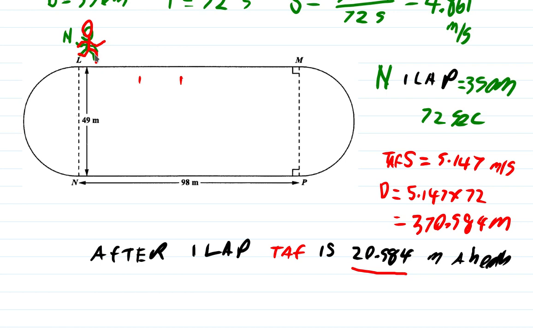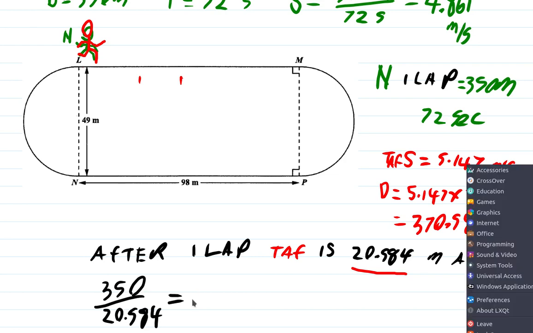In other words, how many 20.584 meters are there in 350 meters? Let's see. 350 divided by 20.584 equals. So that's what you would have to do.